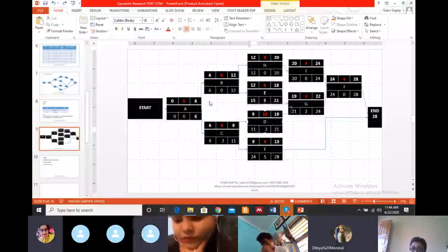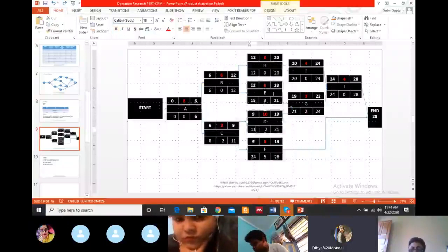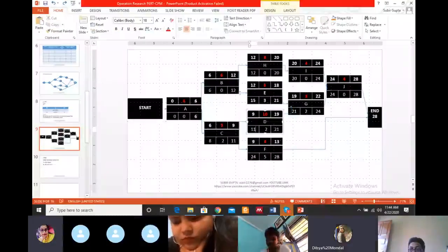Now this is the important part for B. In backward path, B can come from H or E. So what is the latest start for B? Either 12 or 15.